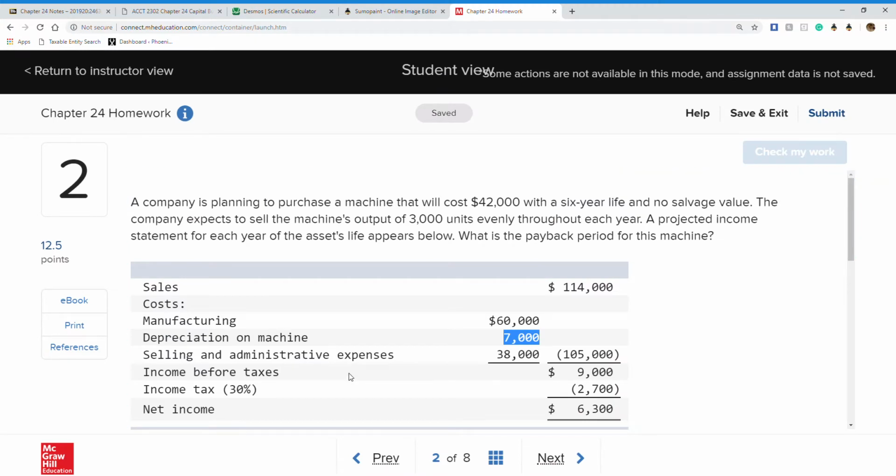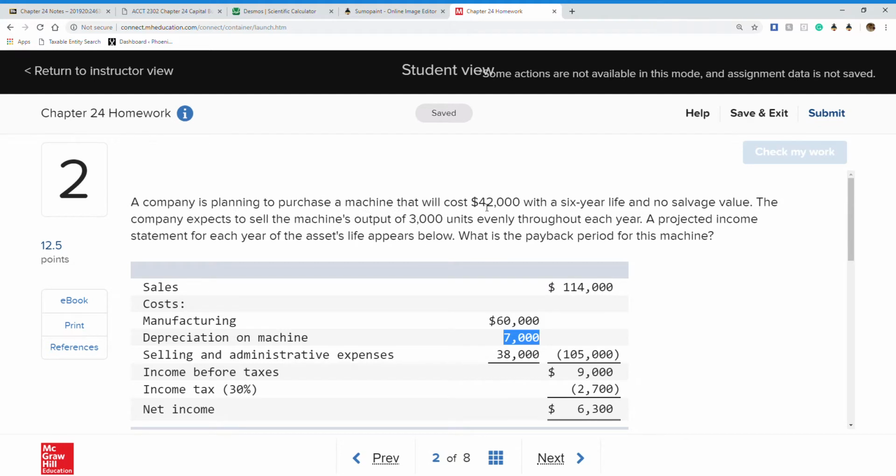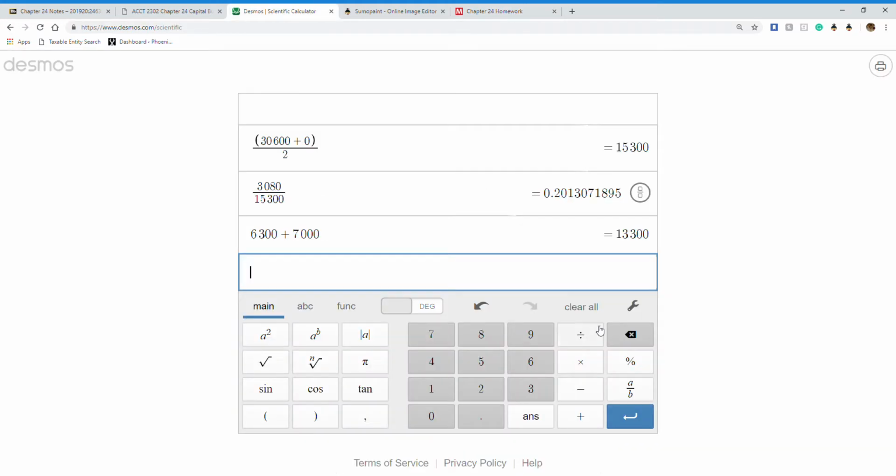Anyway. Alright. So from here, we'll take our original cost, which happens to be 4,200. And we're going to make this a negative. And you're going to add in cash flow. Now, since this is a calculator, this is a cool little thing. You can keep going.